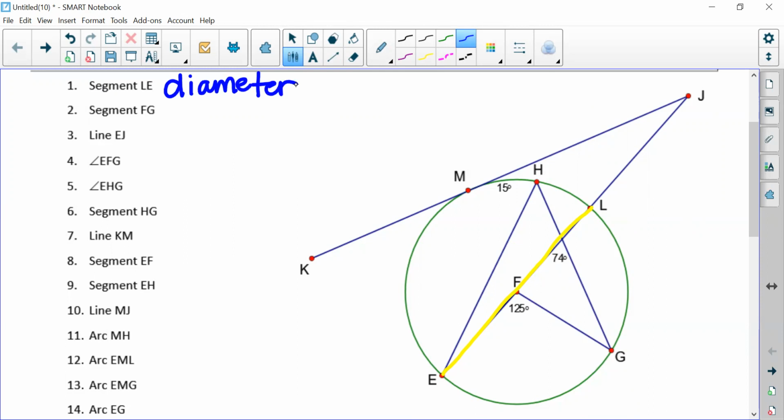Segment FG starts at the center of the circle and goes to a point on the circle. By definition, line segment FG is a radius of circle F.